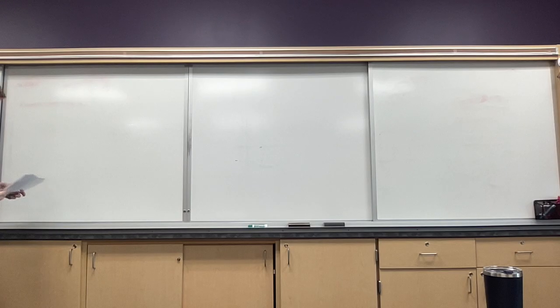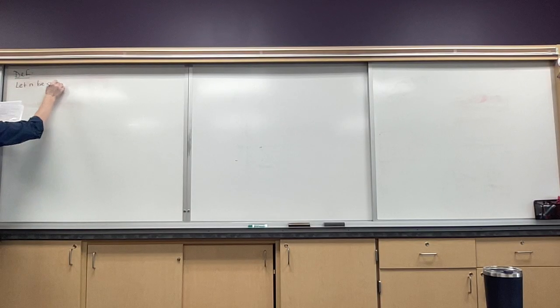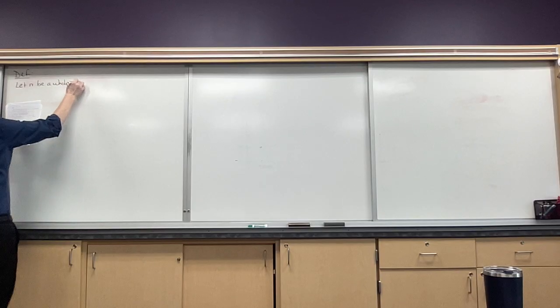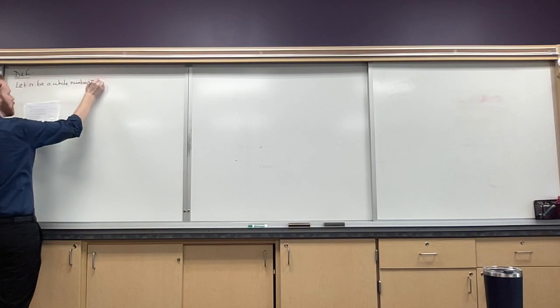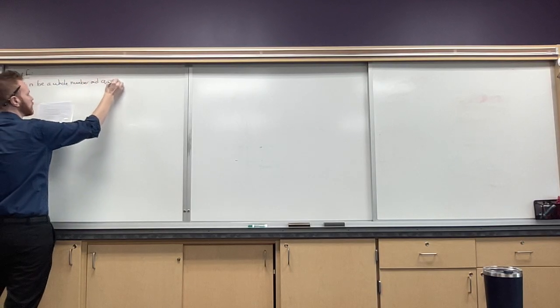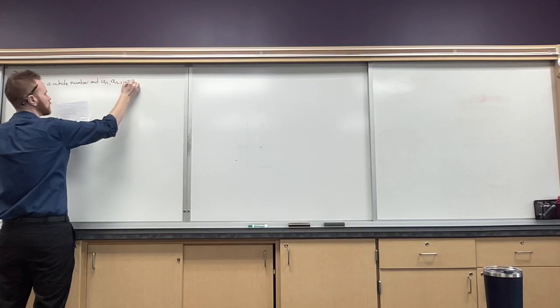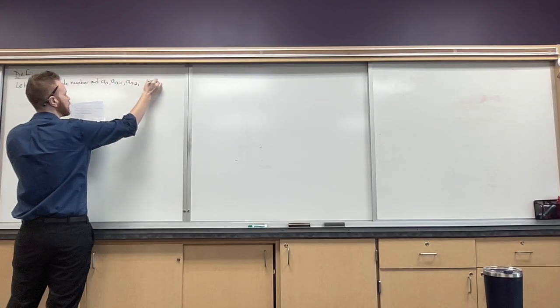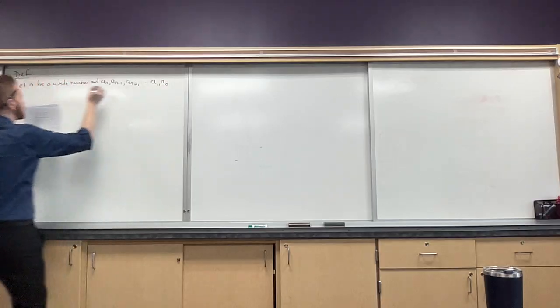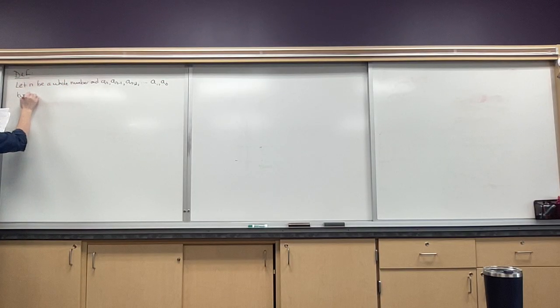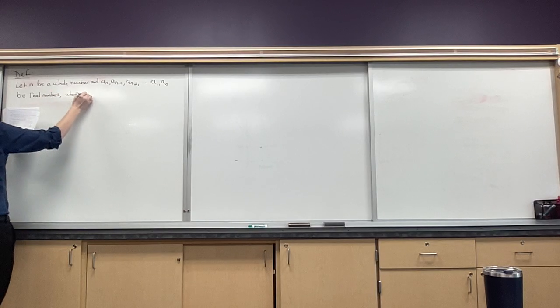Okay. So here we go. Start off with a definition. Let n be a whole number, and a sub n minus 1, a sub n minus 2, dot, dot, dot, a1 and a sub 0 be real numbers, where a sub n is not 0.